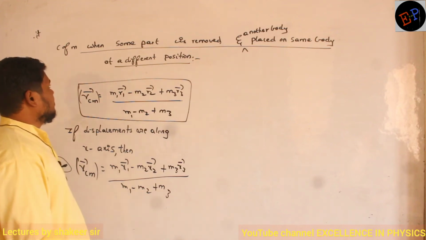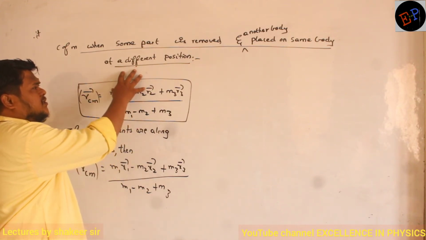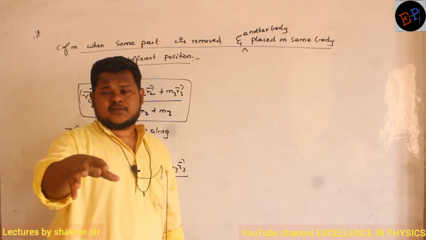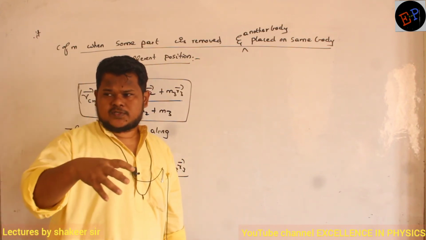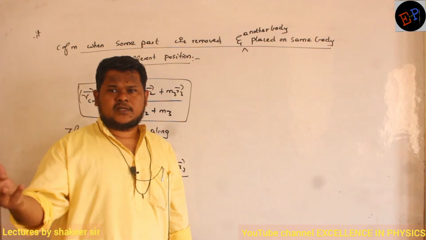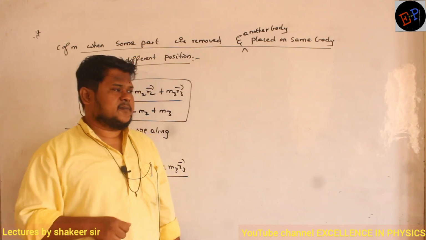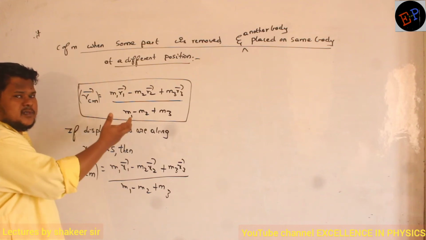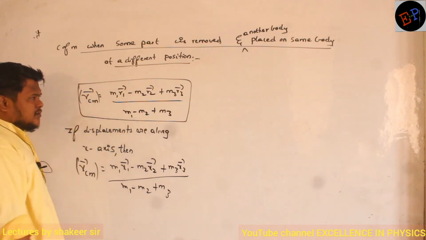So now the application is that some part of the body is removed, and another body is placed on that remaining body. So some part is removed, another part is placed. Then in that condition, the center of mass of that remaining body can be calculated by this method.